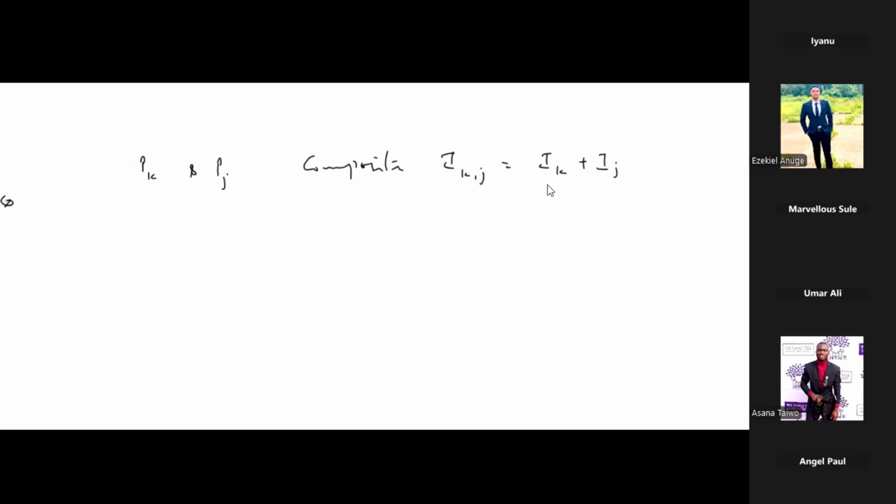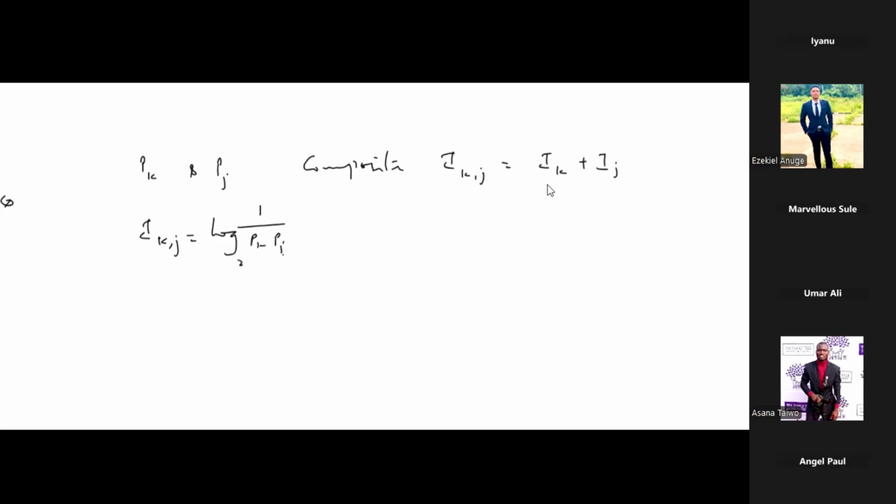Okay? So in this case, the information carried by this composite distribution will be the same as log base 2, 1 over p sub k, p sub j. Okay?